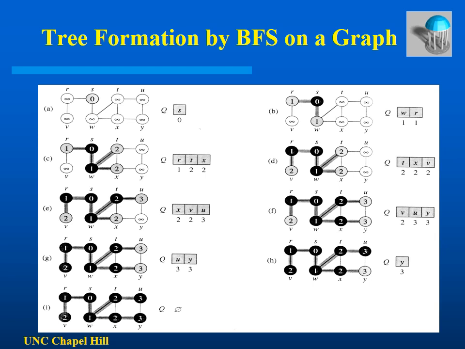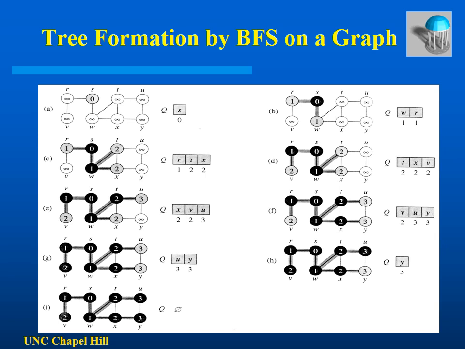We take T off the Q and we move to deal with what T is understood to be connected to. So of course it's connected to W, but W is not undiscovered. It's connected to X, but X is gray, so it's also not undiscovered.